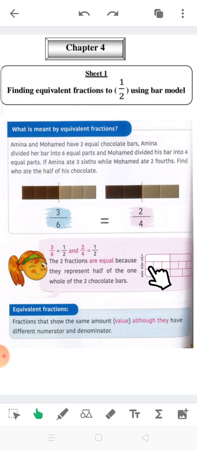This is Amina's part, 3/6, and this is Muhammad's part, 2/4. These are called equivalent fractions, fractions that show the same amount or value although they have different numerators and denominators, as we talked about before.